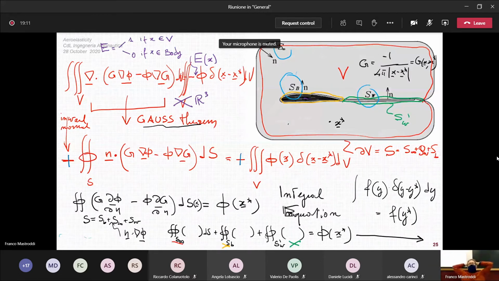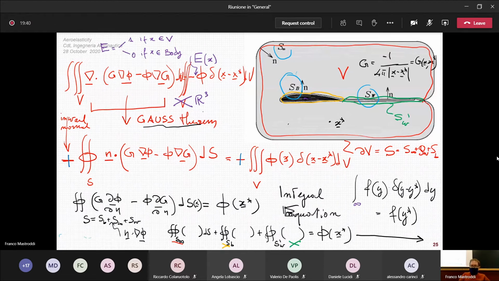Okay? This could appear as just a sophisticated and unessential maneuver, but it is important because the correct way for applying the property of the Dirac is to apply the Dirac property, but considering this integral as expanded to all the domain.